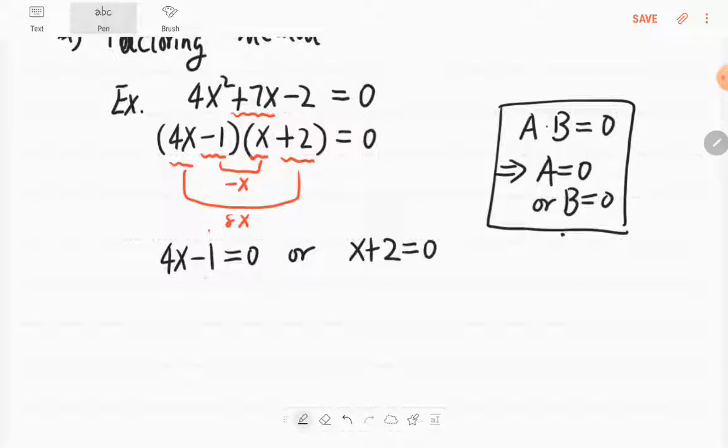The first one is a linear equation. We add 1 on both sides, so it becomes 4x equals 1, and we divide by 4, so x equals 1/4. For the other one, we subtract 2 on both sides, so x equals negative 2. So you have two solutions.